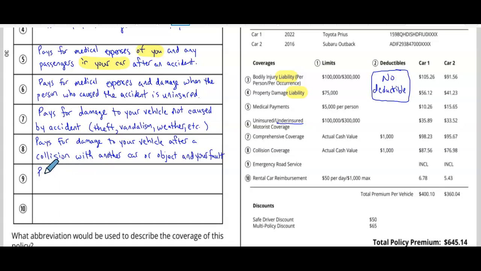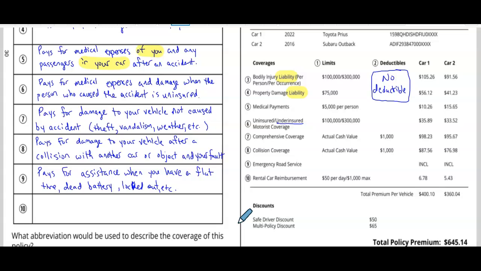So it pays for assistance when you have a flat tire, dead battery, can't get into your car because you locked yourself out, etc. Okay, so it's roadside assistance, emergency road service.